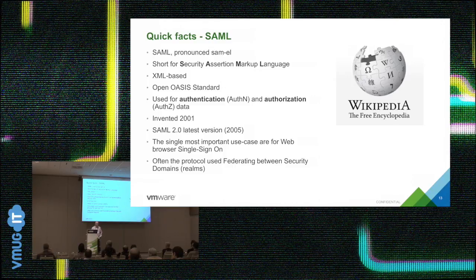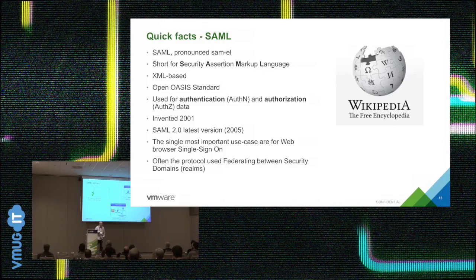So the next topic is SAML, and SAML is by far the most popular standard or protocol used today for federation. This protocol can be used for many different things. It's actually quite modular and quite flexible. It can be used for both authentication and authorization.